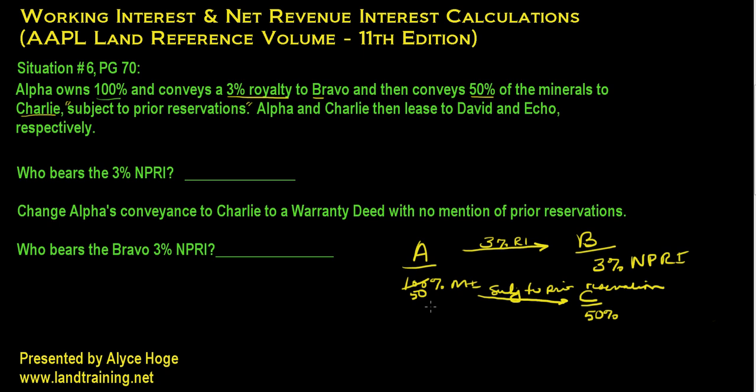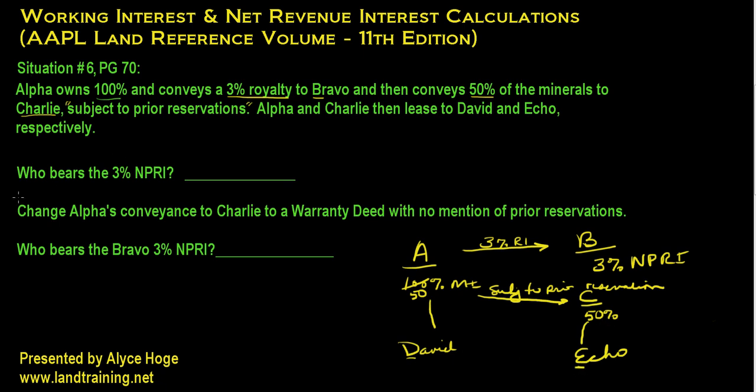Then Alpha and Charlie lease to David and Echo, respectively. So we know that David and Echo, since they both took leases, now have a 100% working interest in the property, but Alpha still owns his 50% mineral interest because this is just a lease to David. This is just a lease to Echo.